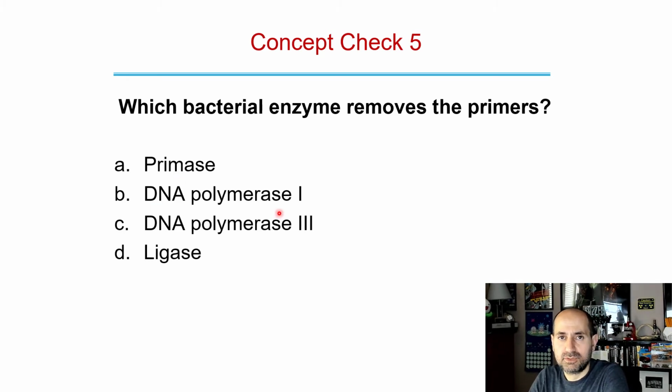Yeah, actually, DNA polymerase I's job is to come in after the Okazaki fragment is formed and remove the primers that are no longer needed and replace those primers with DNA. Is it DNA polymerase III? No, DNA polymerase III's job is to do a majority of the copying of the DNA synthesis. Is it ligase? No, ligase's job is to link Okazaki fragments together by sealing the nick by forming a phosphodiester bond. So it should be B.